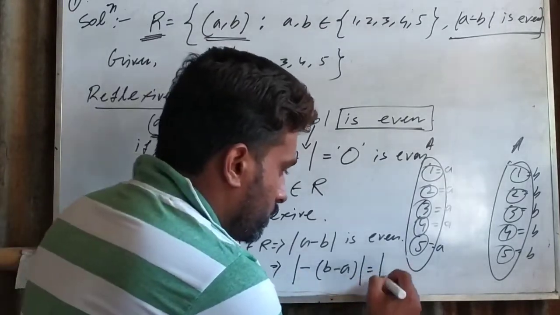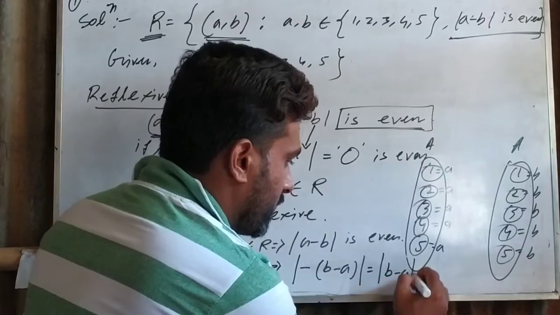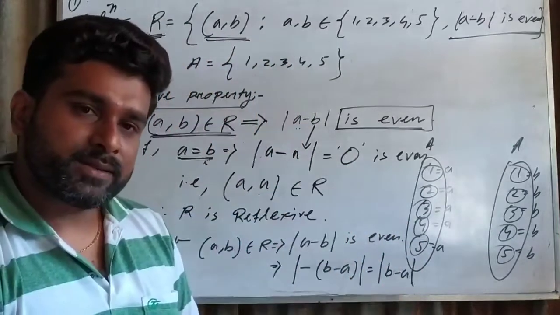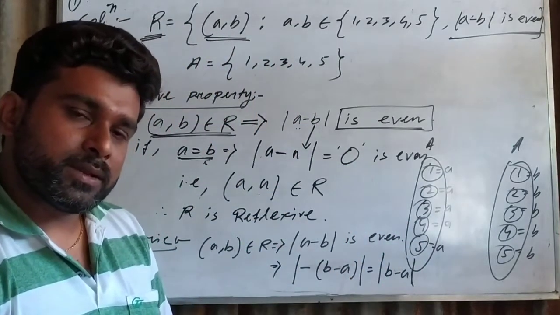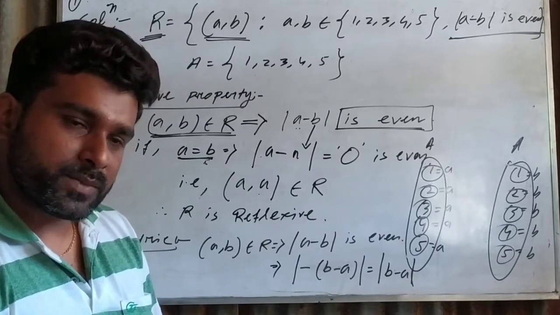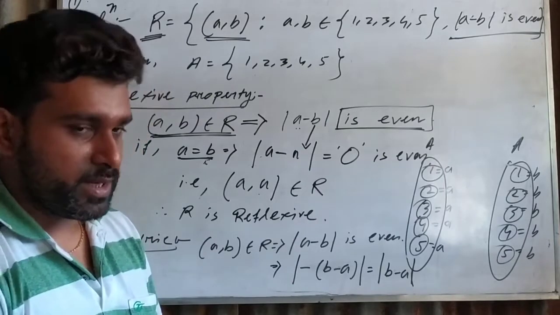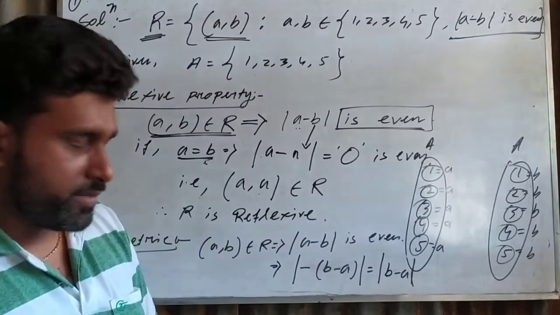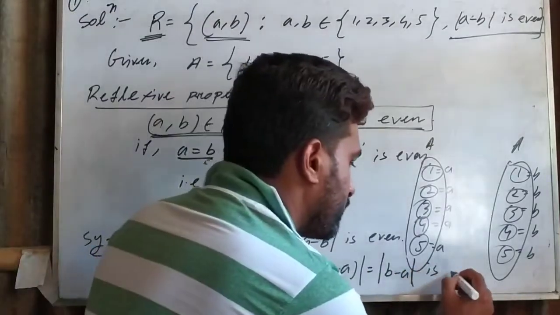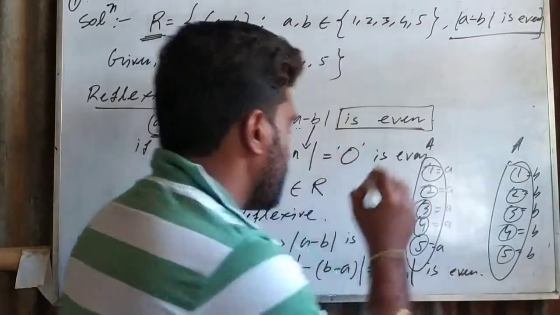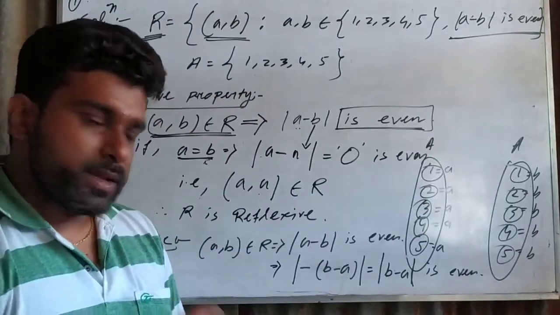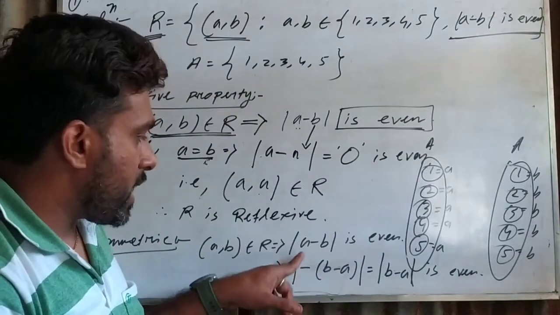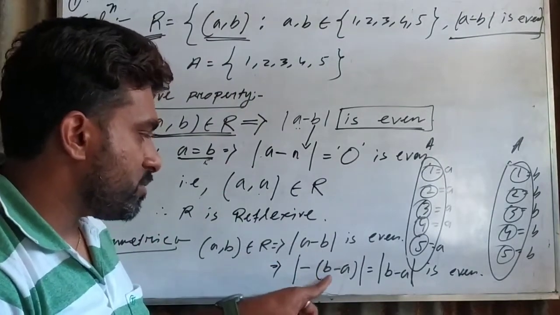So b minus a, and I think the answer is the same here. a minus b is even, and b minus a is also even. You can see a minus b can be written as minus of (b minus a).